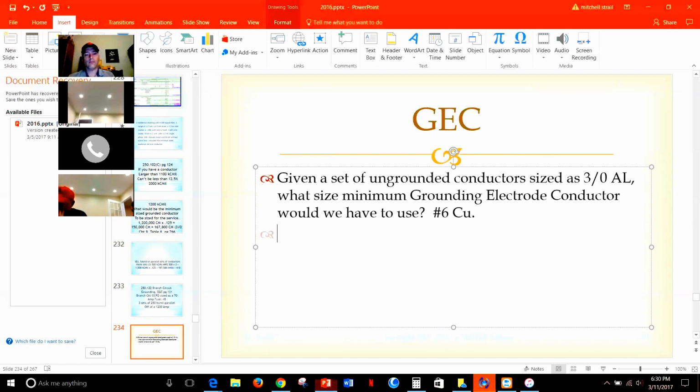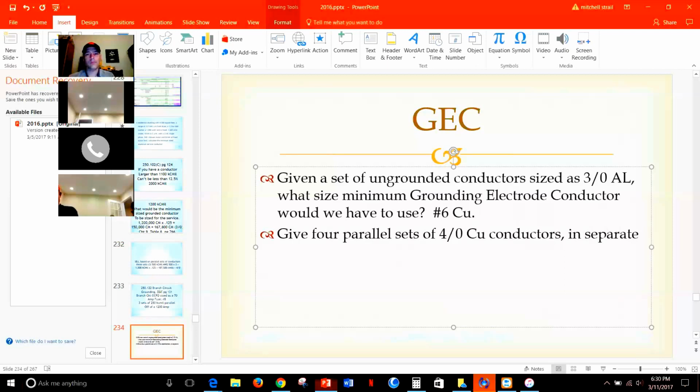All right. Given 4 parallel sets of 4/0 copper conductors in separate pipes, what would be the minimum size GEC in each conduit?